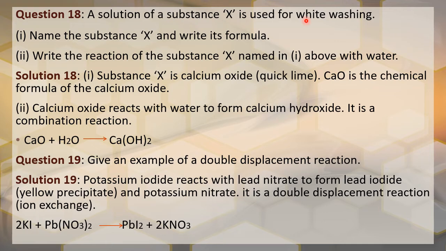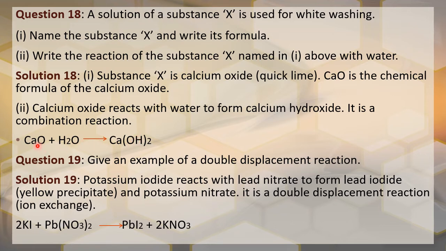That is explained here. See here. CaO, calcium oxide, quick lime, with water becomes slaked lime, calcium hydroxide. Its color is like butter, white color, soft, which is used for the whitewashing. So X is what? X is CaO. That is the first question over.